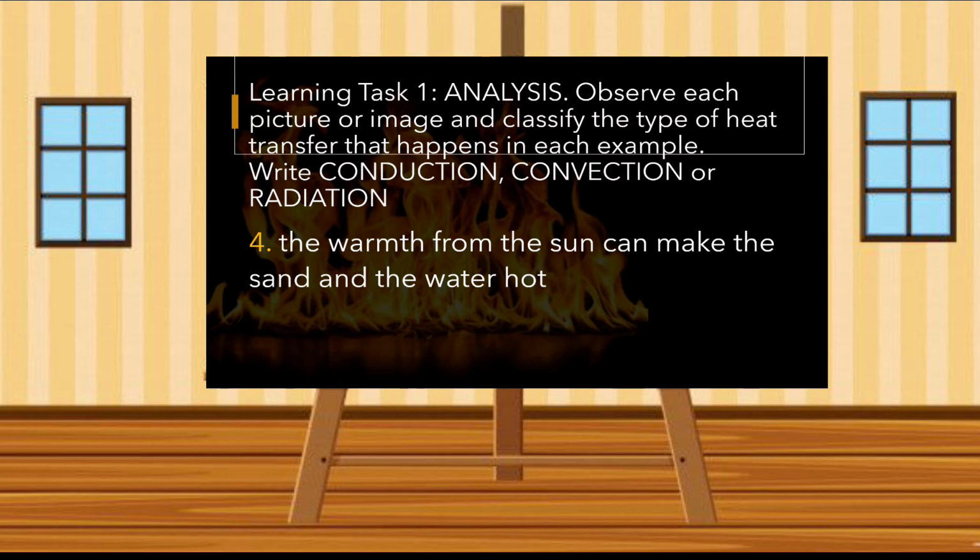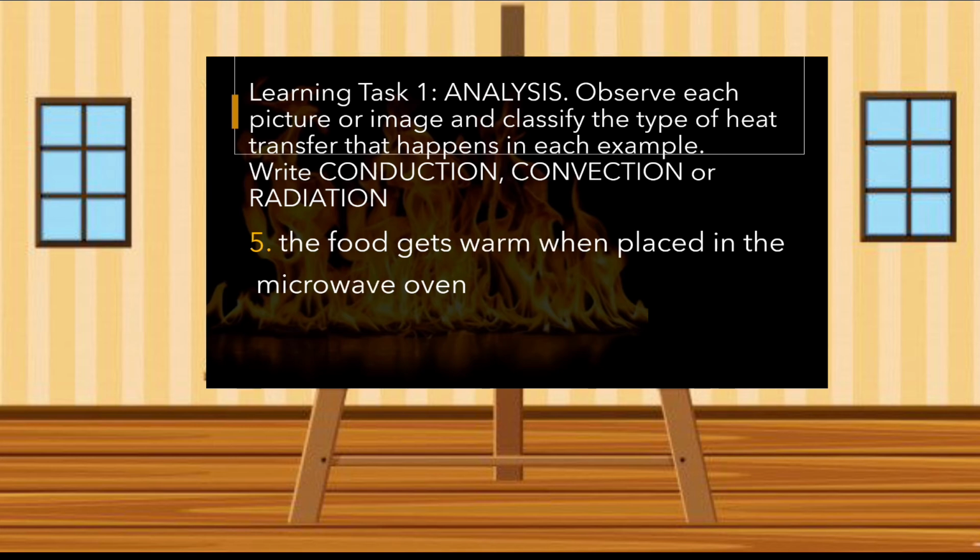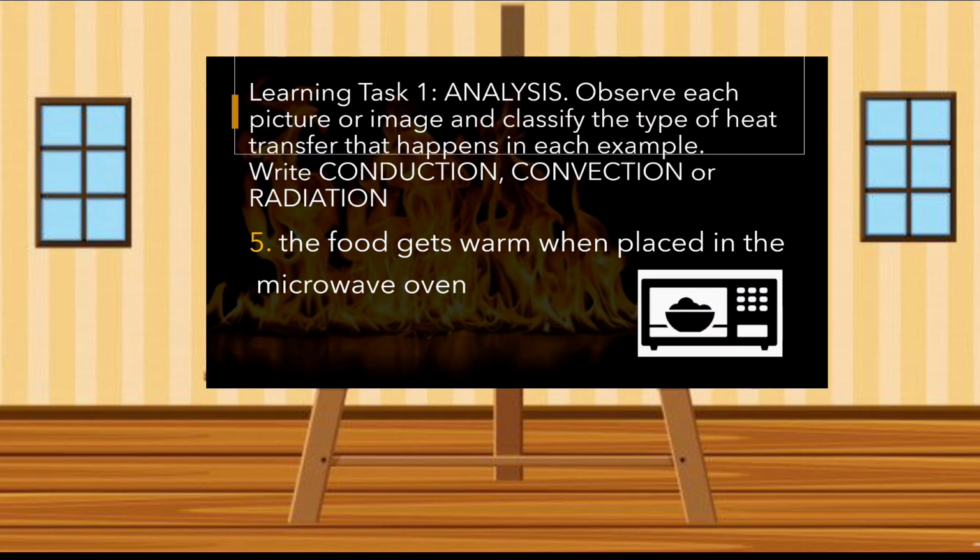The warmth from the sun can make the sand and water hot. The answer is radiation. 5. The food gets warm when placed in the microwave oven. The answer is conduction.